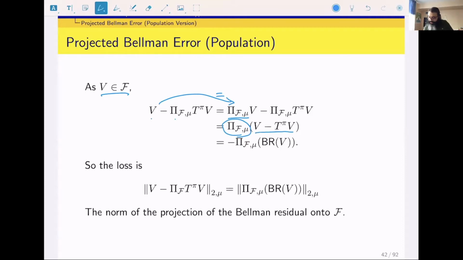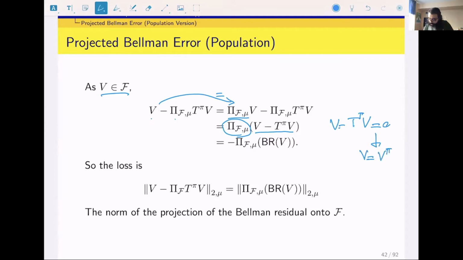Okay, so what was V minus T pi V? Remember, if it was 0, then it would be the Bellman equation, so the result would be V pi.